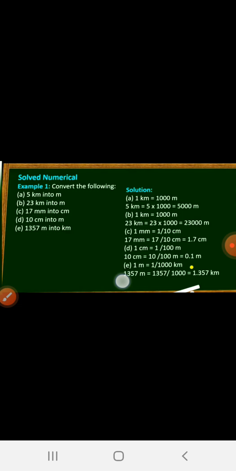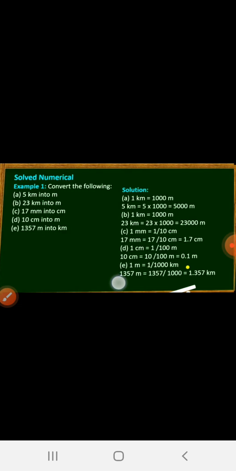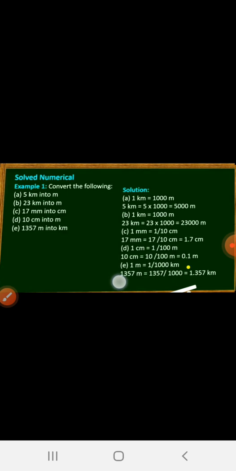Here also you are converting smaller unit to higher unit. So here you have to divide it by 1000, because 1 kilometer is equal to 1000 meter. The answer will be 1.357 kilometer. So this is the way you have to solve the numericals given in your book.